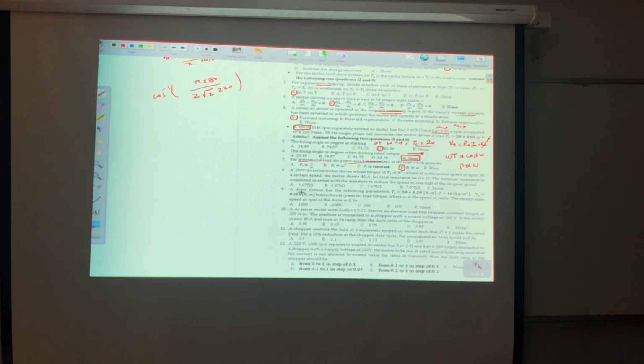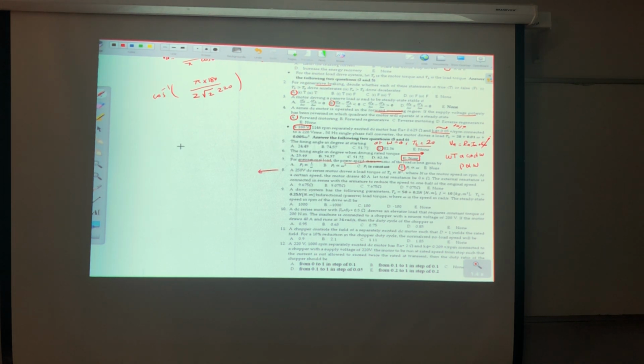A 250 V DC series motor drives a load which is proportional to N square, where N is the motor speed in RPM. At a certain speed, the motor draws 40 ampere. The total resistance is 0.6 ohm. An external resistance is connected in series in order to get half of the speed. This is very simple.